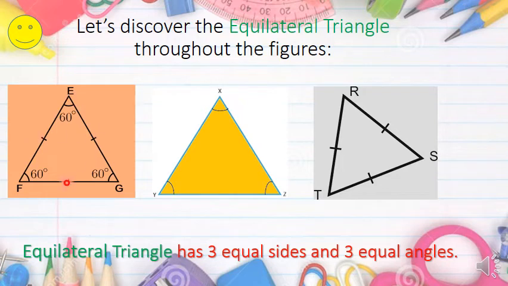And it has three equal angles. The three equal angles are of measure 60 degrees. An equilateral triangle is a triangle that has three equal sides and three equal angles of measure 60 degrees.